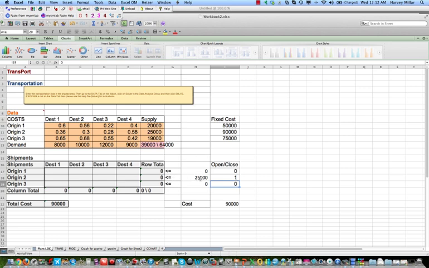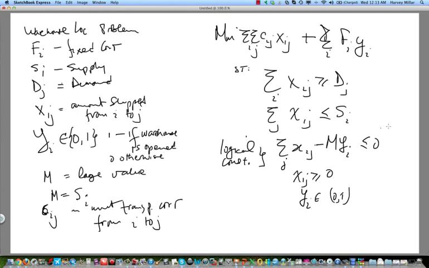And our constraint that we require for the logical variable is that this part must exceed the total amount that is shipped out of that location. It must be equal to or greater than the amount shipped out of the location. So these are the amounts, the row totals are the amounts shipped out of those locations. So that helps me now to take care of this constraint, which was not in the transportation problem.